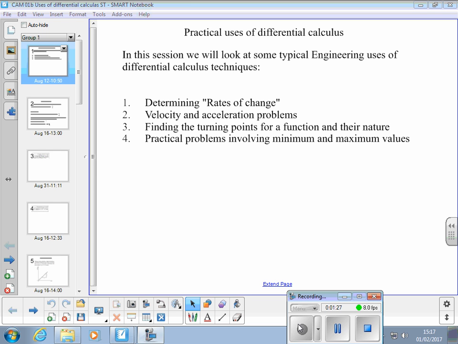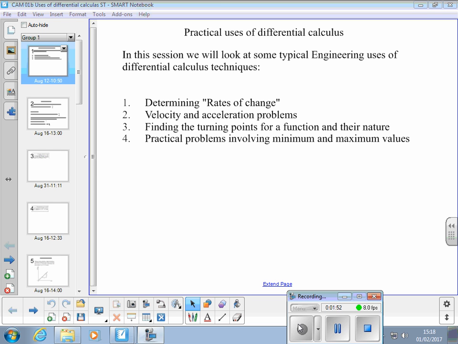If you knew a function of its flight, you'd find the point where the slope was 0, and you'll find its maximum height because it's going to travel in an arc like that. You would be able to find the height at that point, and therefore you're using differential calculus to do so.